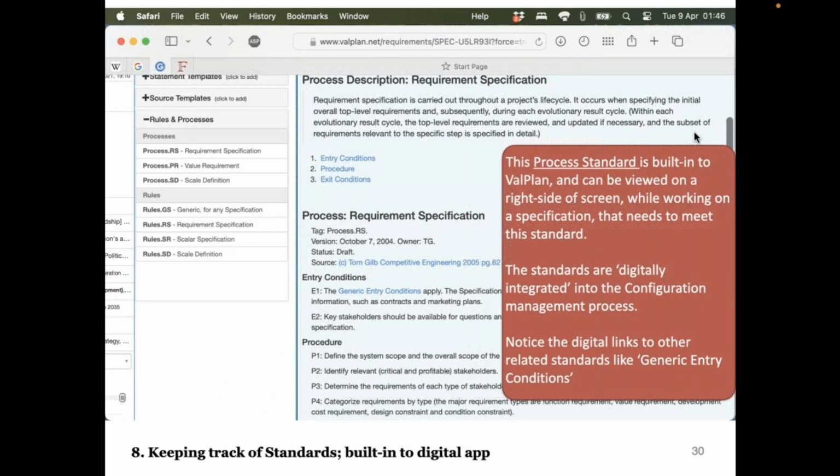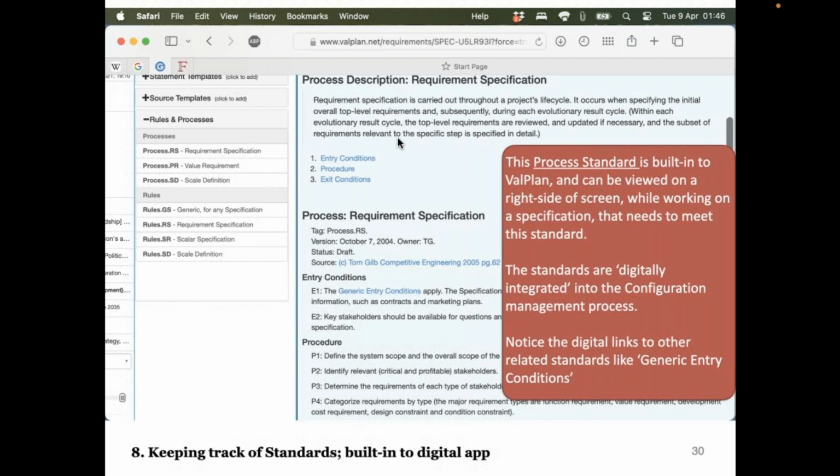Now, in addition, part of our configuration is all of our processes and standards. So here's an example of a process published in the Competitive Engineering book for requirement specification. And it refers to other things like generic entry conditions.